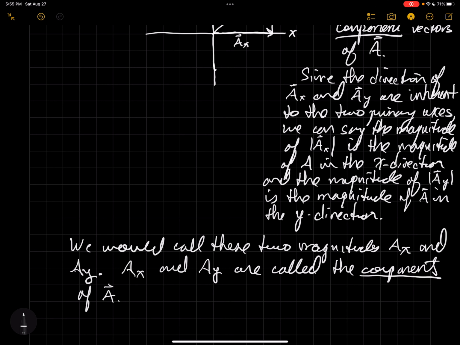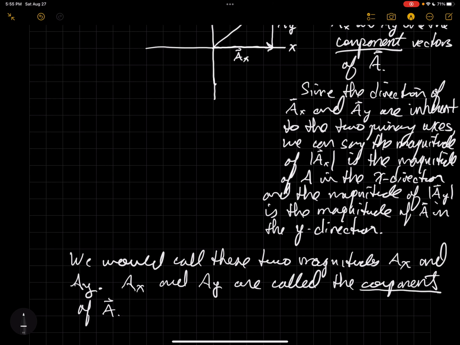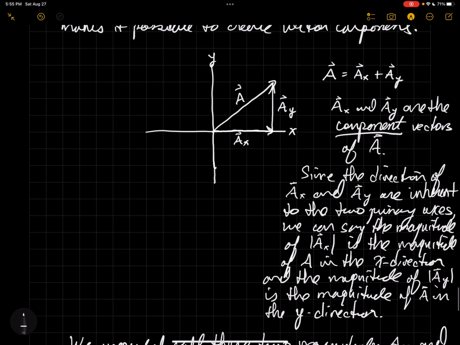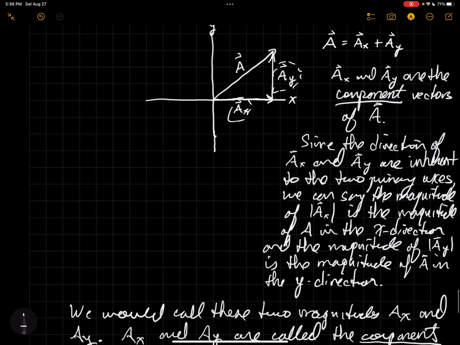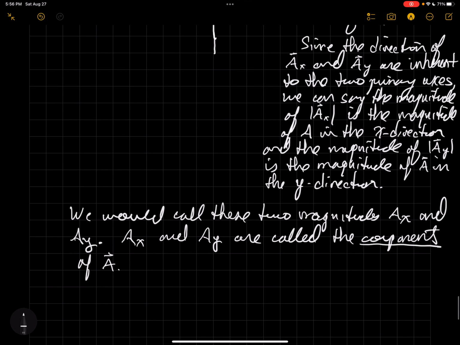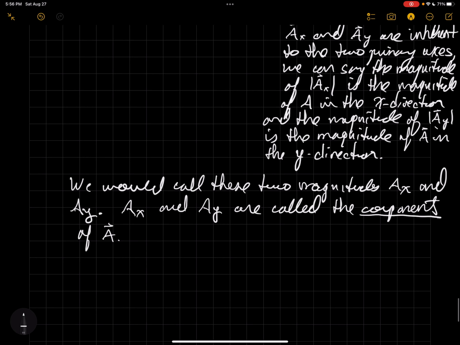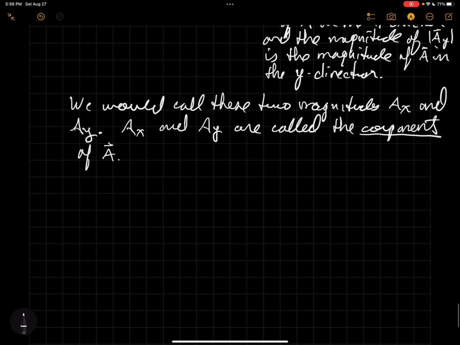Note that they're called the components, not the component vectors, because at this point we've made them just the magnitude, just one piece of information of vector A. And so AX and AY are both scalars, whereas vector AX and vector AY are both vectors. They include both magnitude and direction, but when we take the magnitude of each of those component vectors, we just get the components, which are the scalar magnitudes in each x and y direction of vector A. Okay, so now things start to get really easy when it comes to how we actually compute vectors.